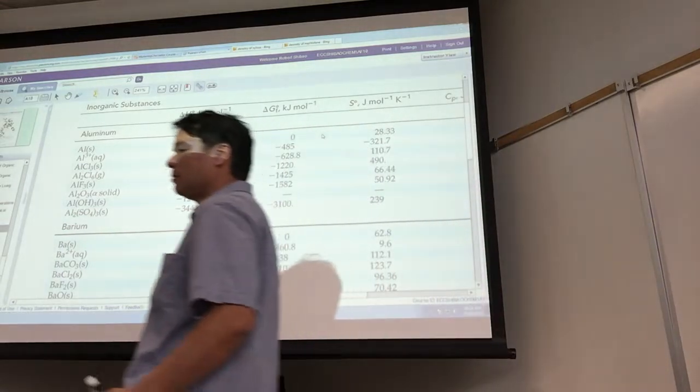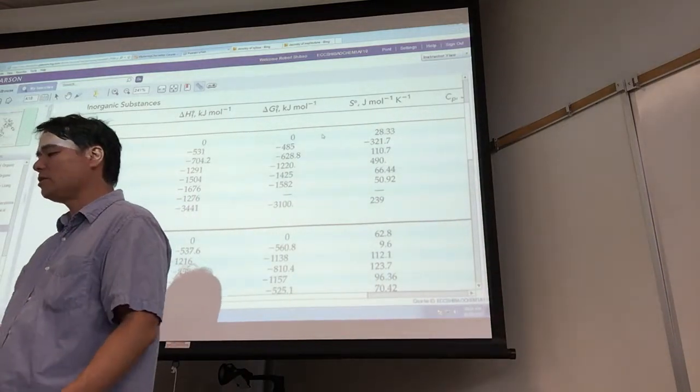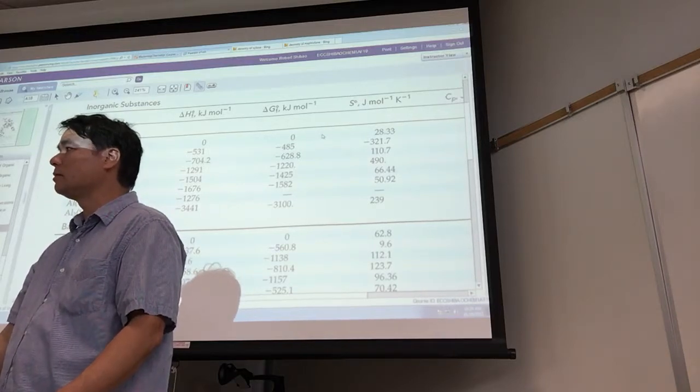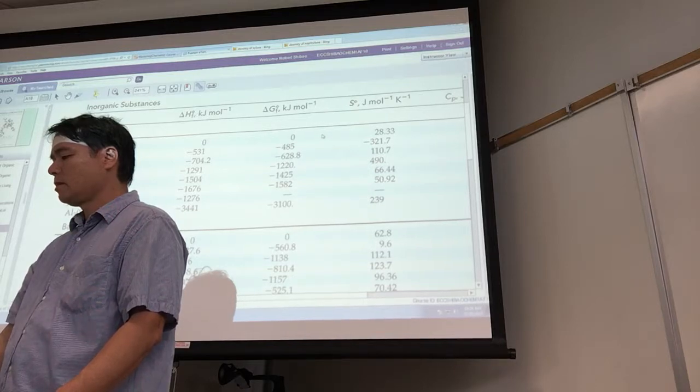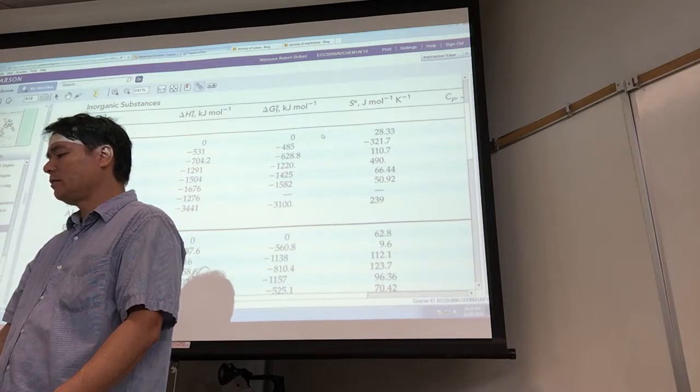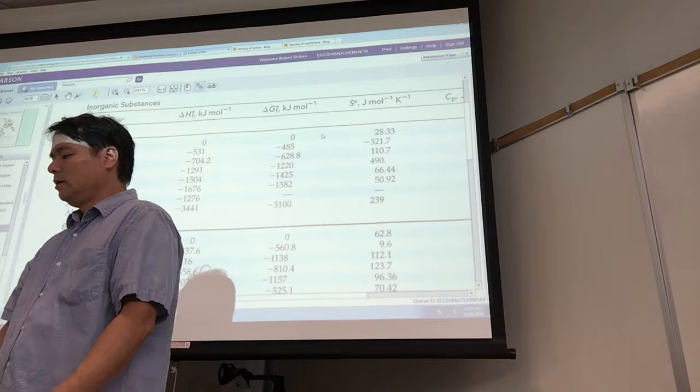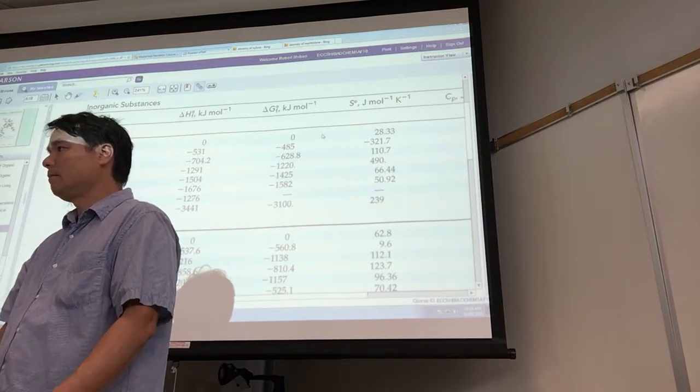Whereas aluminum 3+, take a look at the delta H of formation for aluminum 3+ aqueous. This is minus 531 kilojoules per mole, right?